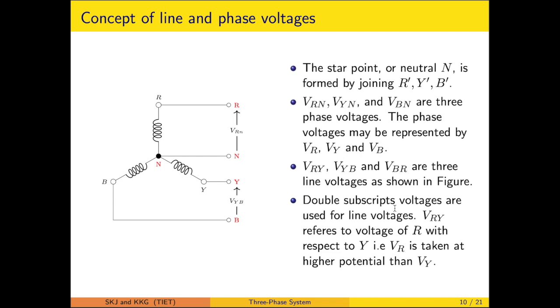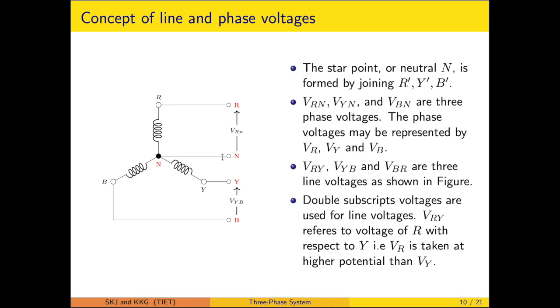Now here we have to deal with the concept of line and phase voltage as well as line and phase currents. As mentioned, the three phases are generating voltage in a star connected arrangement. With respect to the neutral, the voltage of a terminal is regarded as the phase voltage. That is VRN.